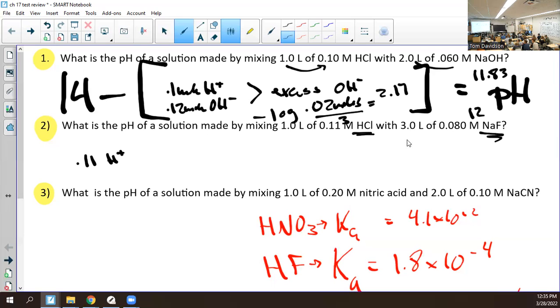Is this 0.24? So I end up having 0.11 HF and 0.13 F minus. All day, every day, Henderson-Hasselbalch that thing, right?